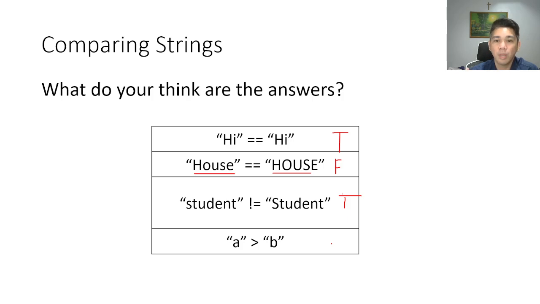So therefore, it will have an answer that is either true or false. But then again, you should not be comparing strings using a greater than or equal sign because we do not know what those numbers that will be substituted are. So if we do not know the numbers, the outcome is very, very unpredictable. So when we use strings for comparison, we only use the equal or not equal symbol.